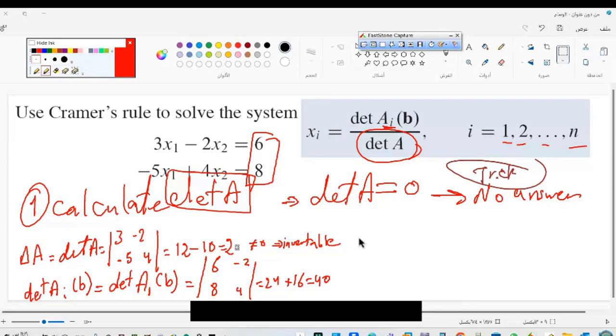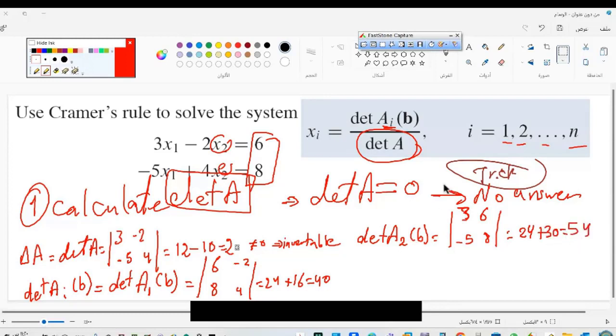Now det A2(b): 3, minus 5, the column changes, 2 with this is 3 times 8 is 24, positive 30, so it's 54. Correct?